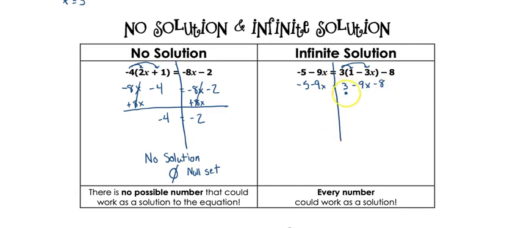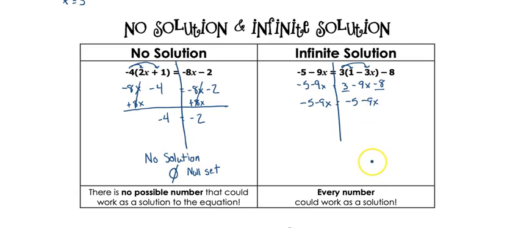Still not all the way simplified. I have two constants that I could put together, so combine like terms. So let's rewrite this equation again. Negative 5 minus 9x equals 3 and negative 8 combined to make negative 5 minus 9x.